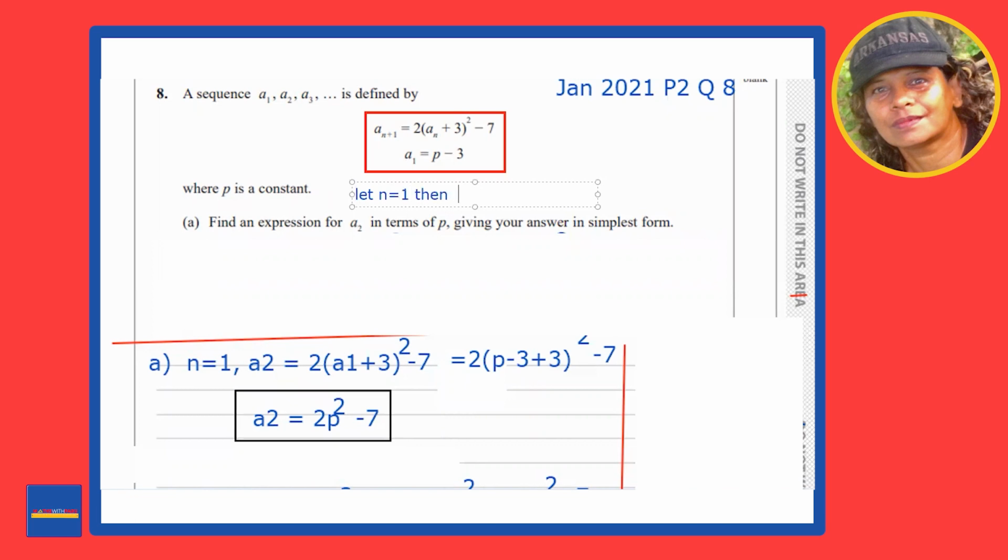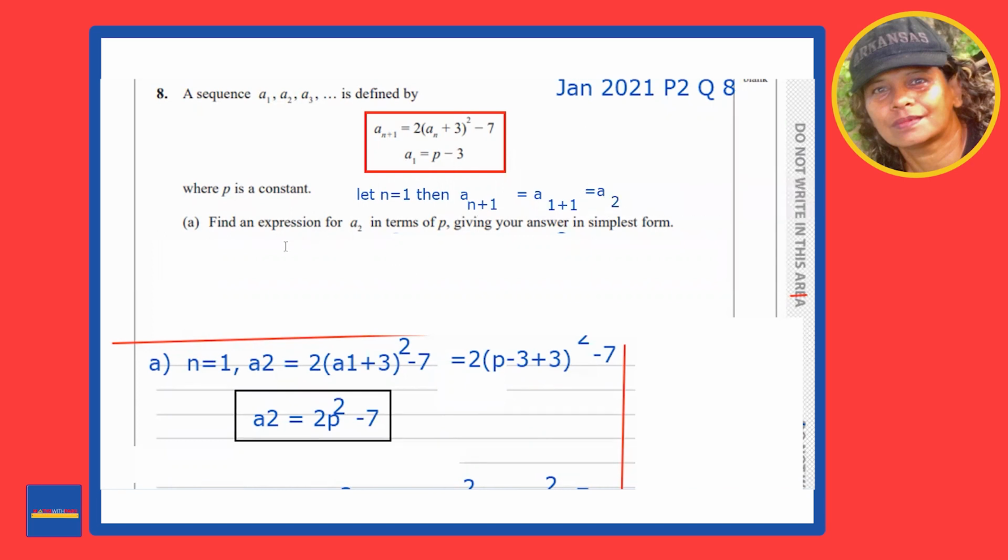Then a_(n+1) is going to be equal to a_(1+1), which is equal to A2. And that's what they're asking us to find.